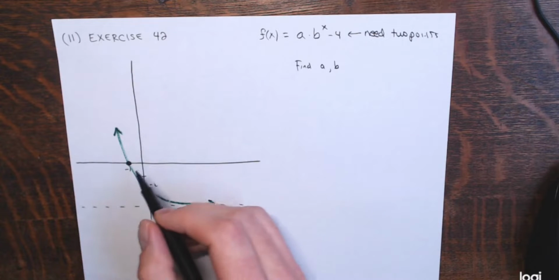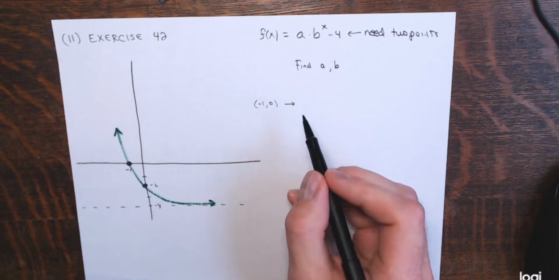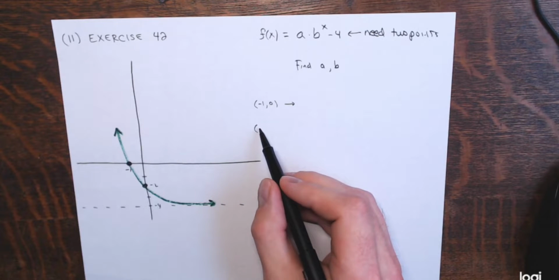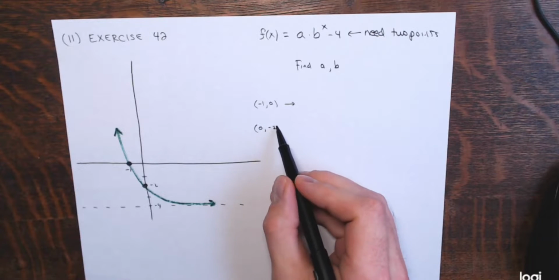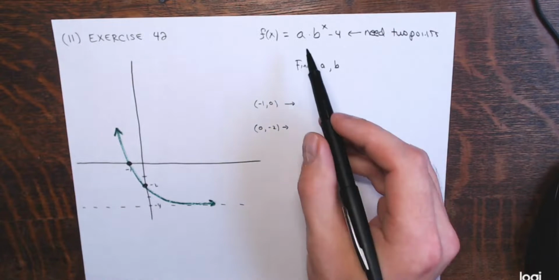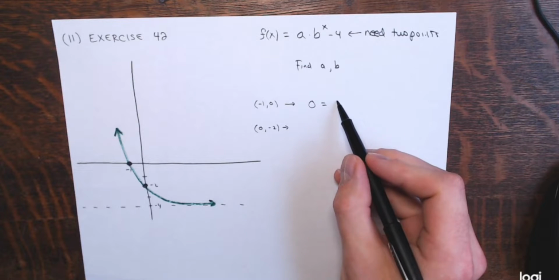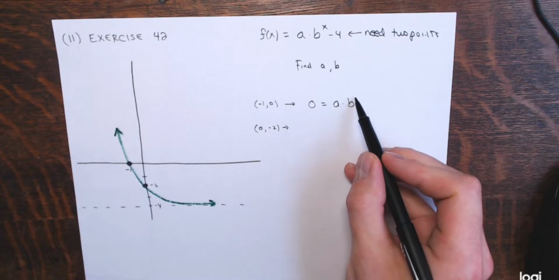So I know the point negative 1, 0 is on this graph, and the point 0, negative 2. So output 0 equals a times b to the negative 1, minus 4.